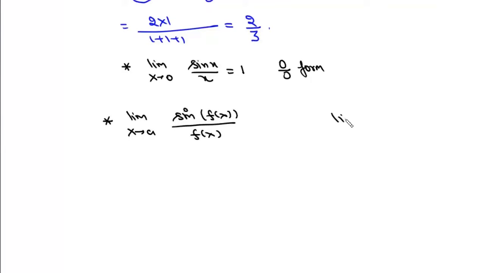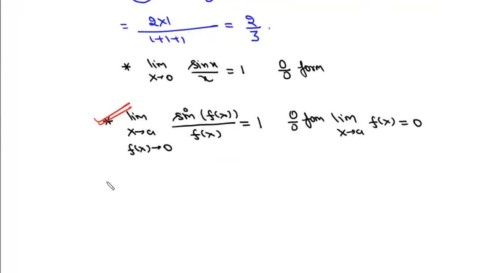Now, if we have this condition that limit x tends to a f(x) is 0, then basically when x approaches a, f(x) approaches 0, and this is sin 0 upon 0, which is 0 upon 0 form. Now here also we'll say this limit is equal to 1, and this limit is much more useful in this form. So rather than having x and x, it can be any function f(x) provided this f(x) approaches 0 and it becomes 0 upon 0 form.